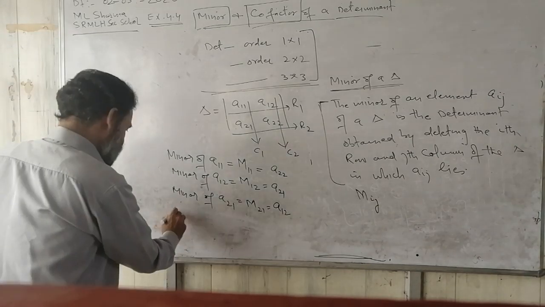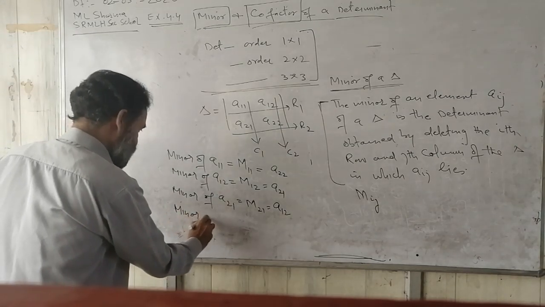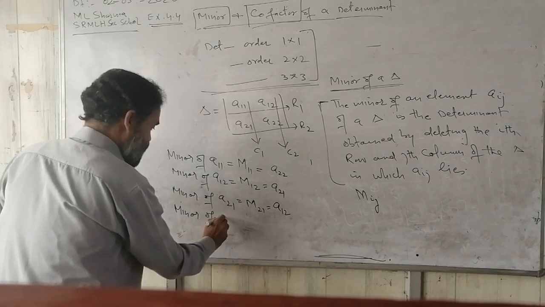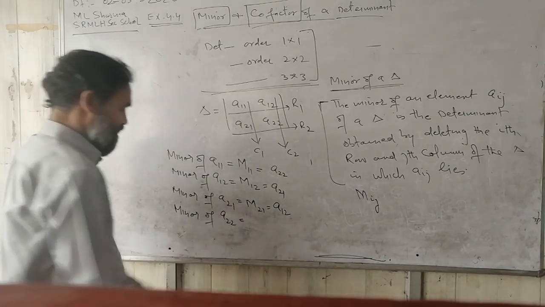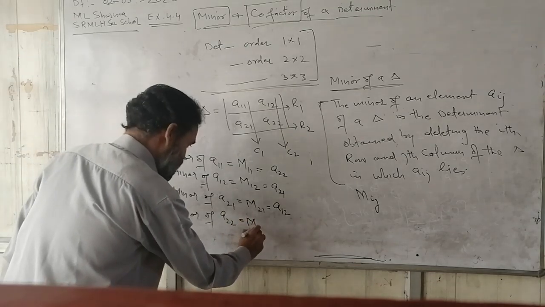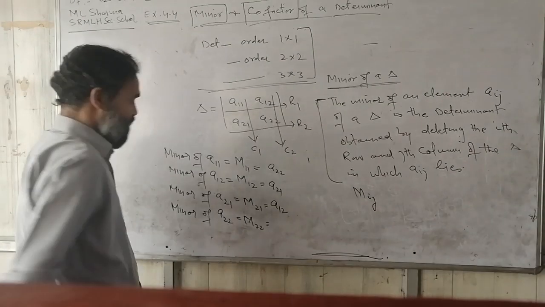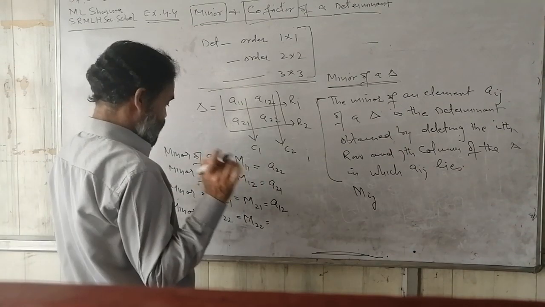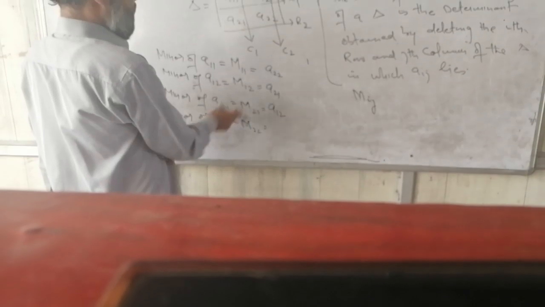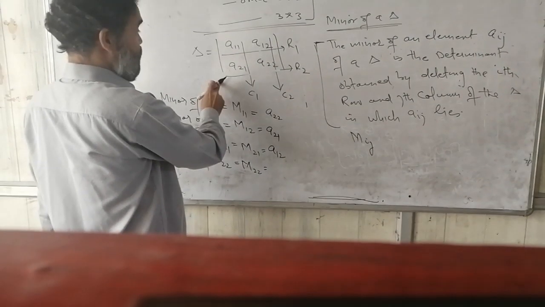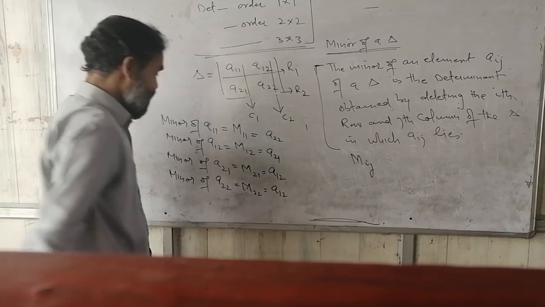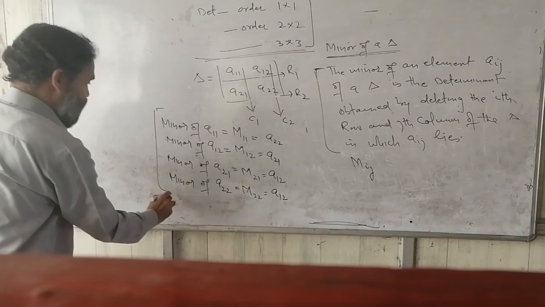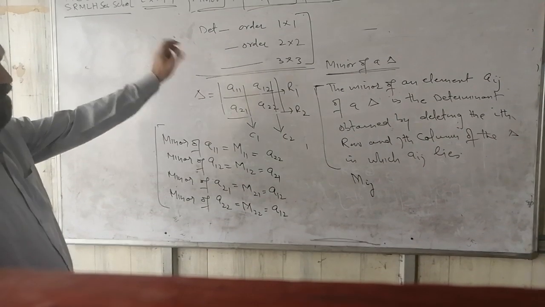And lastly, minor of this element A22, that is the element lying in the second row and second column, is written as M22. This can be found out by deleting the row and column in which this element lies. So if I delete this row and this column, I am left with A12. So this is how in a 2 by 2 matrix minors are determined.